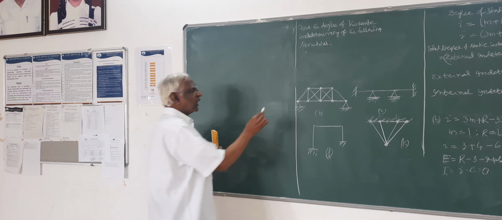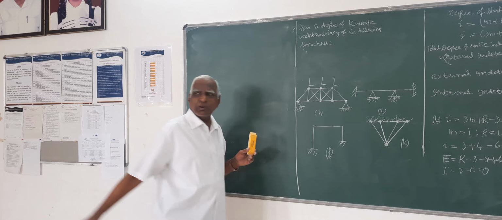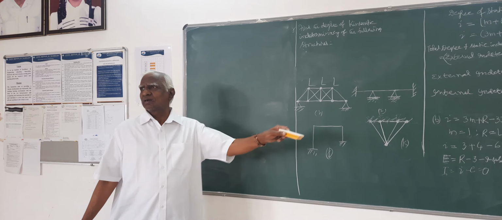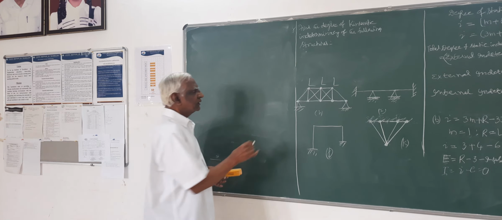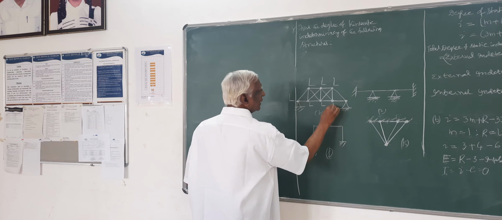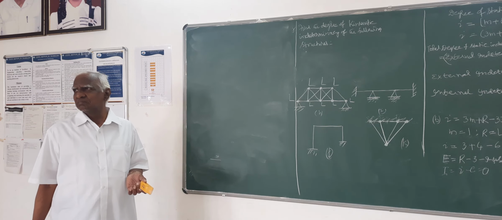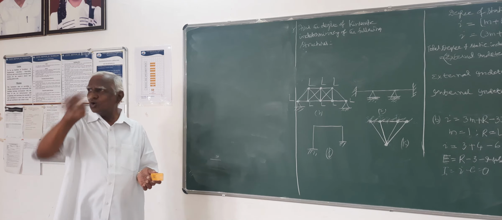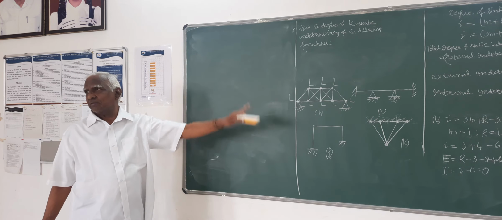So at each joint you have only 2 displacements possible, 2 translations. No rotation. At all the joints, you have only 2 translations, no rotation. In rigid plane frames, rotation also does come.